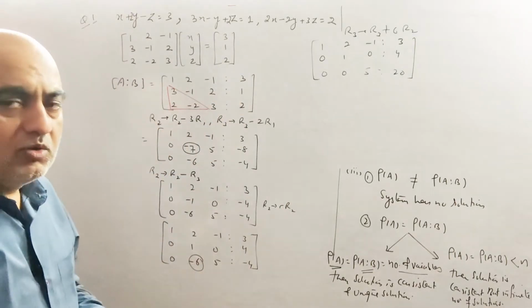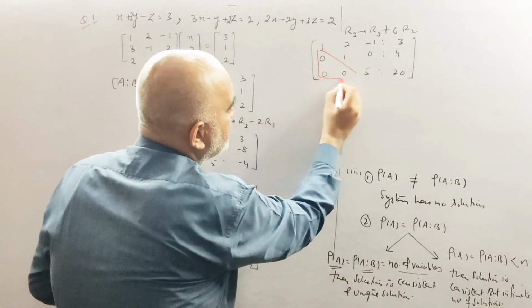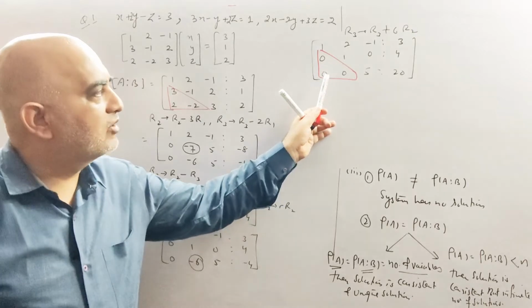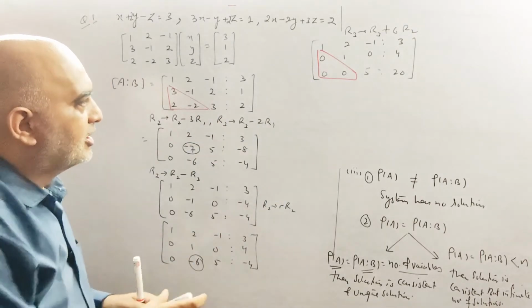So we are here with these entries 0, right? So now it is which form? That is triangular form.